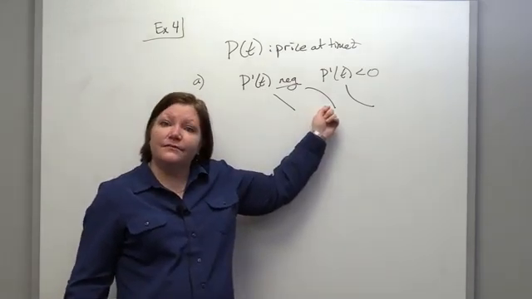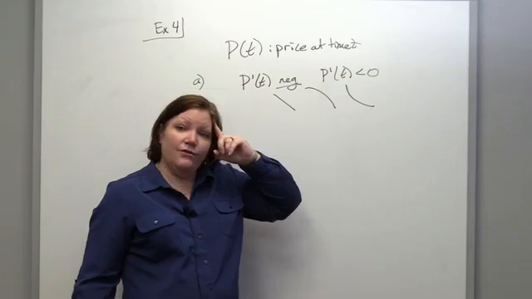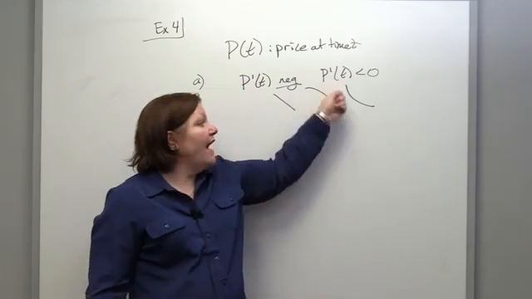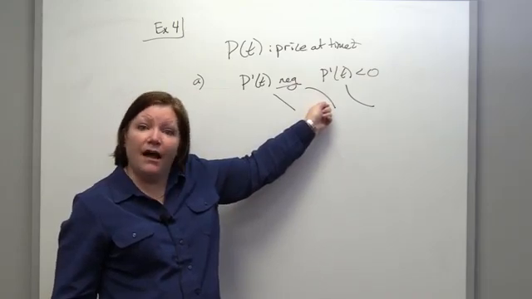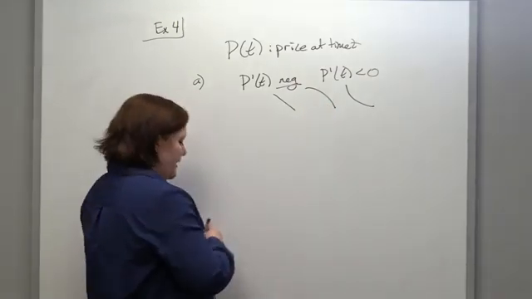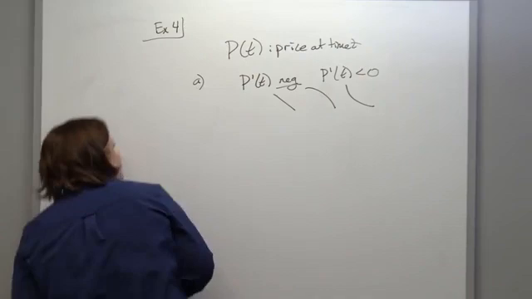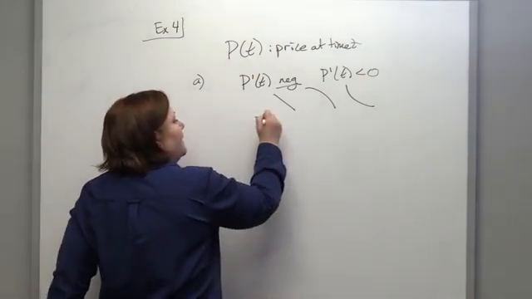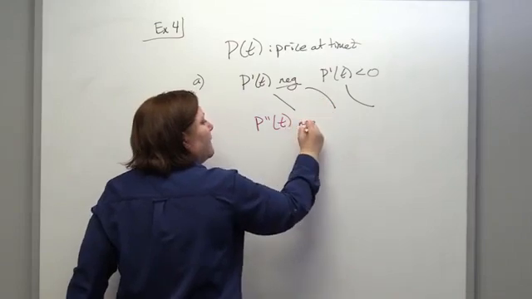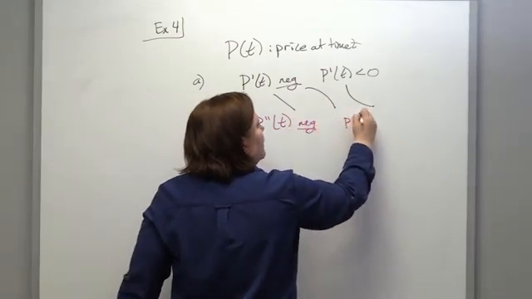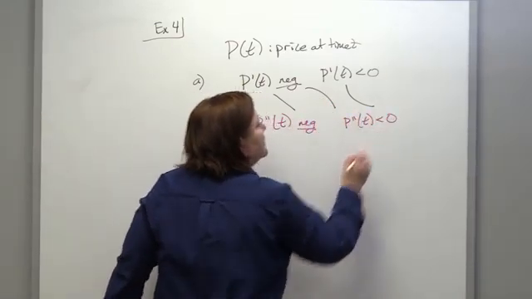It would be this one. By drawing the sketch, falling faster and faster, we can see that means concave down. So that gives us that P double prime is also negative, or P double prime is less than 0.